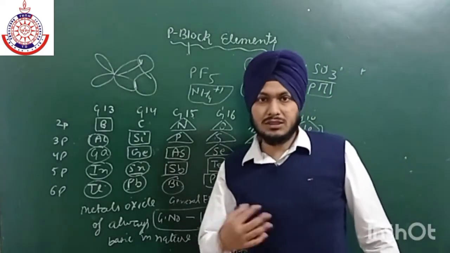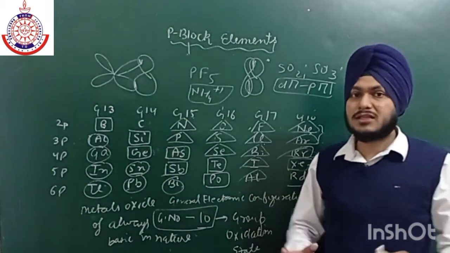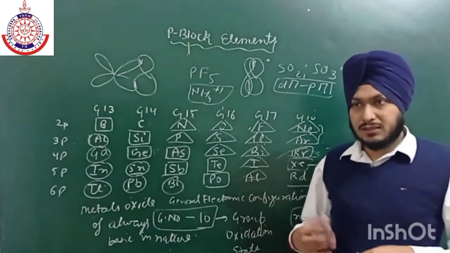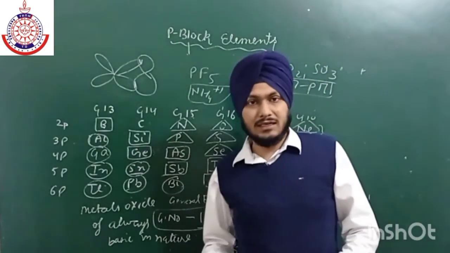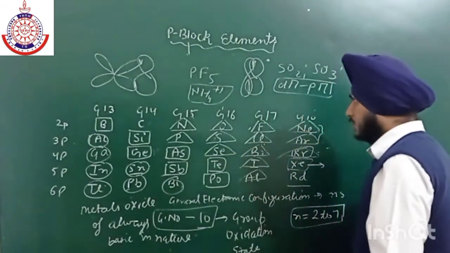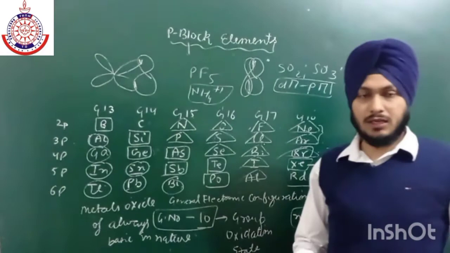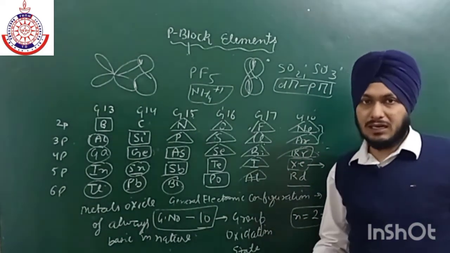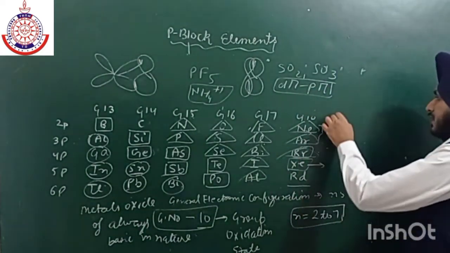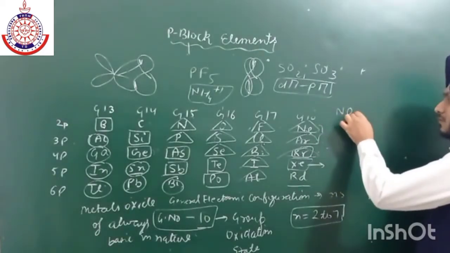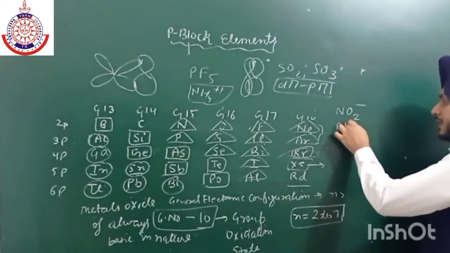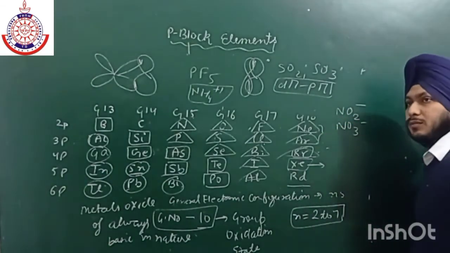But due to this dπ-pπ bonding, the coordination number increases. Like in case of oxides, nitrogen is not able to form large oxoanions. Nitrogen is able to form NO2-, NO3-, but it is not able to form NO4-.